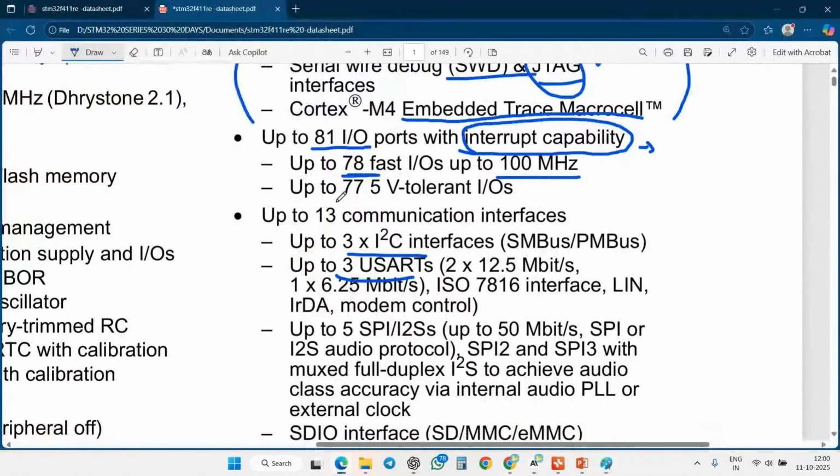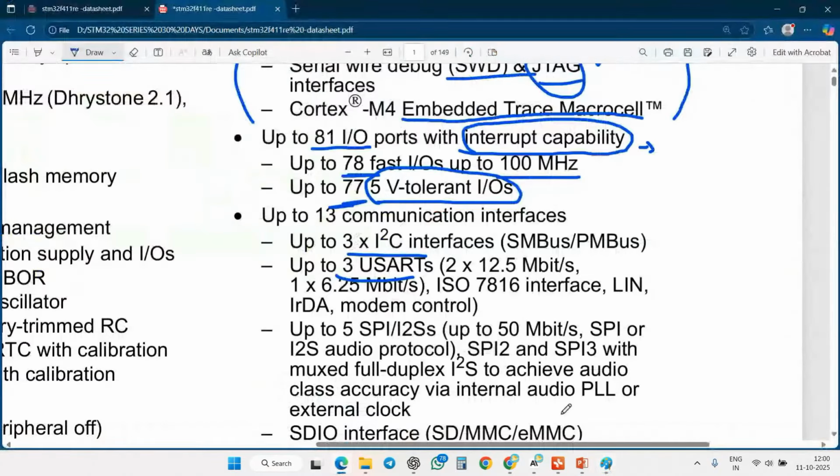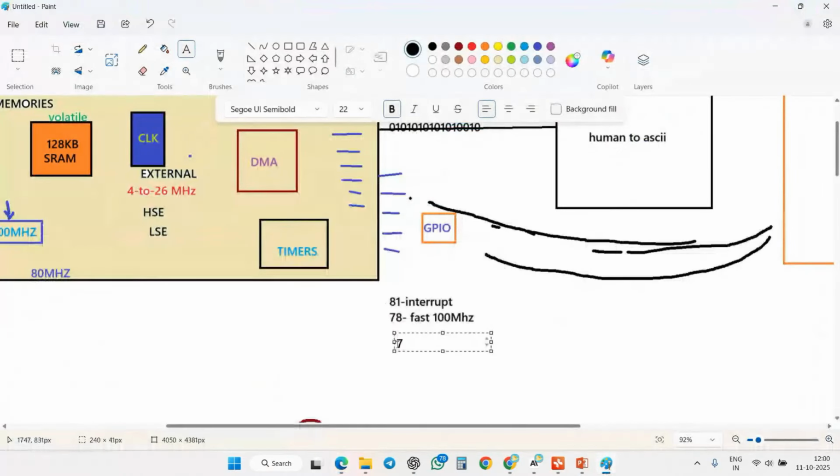And another 77 pins are 5-volt tolerant pins.